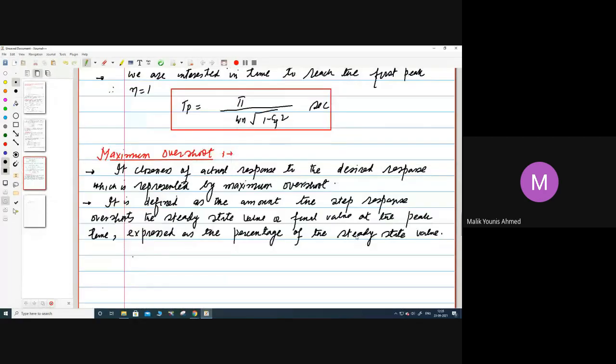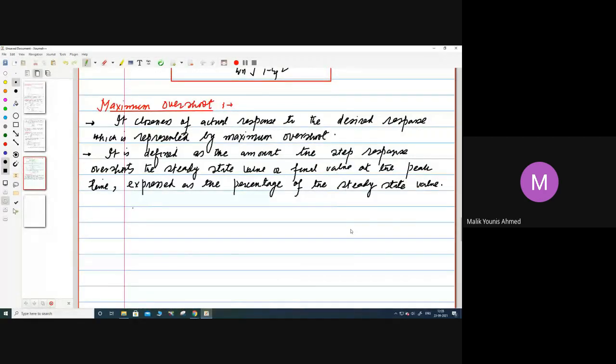Basically, nothing but the maximum peak. You have to see the maximum peak, and from that maximum peak, within the 2% of the settling value, that's the maximum overshoot, nothing else. So mathematically, how do we write it?